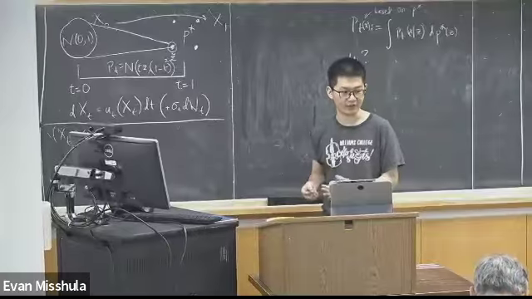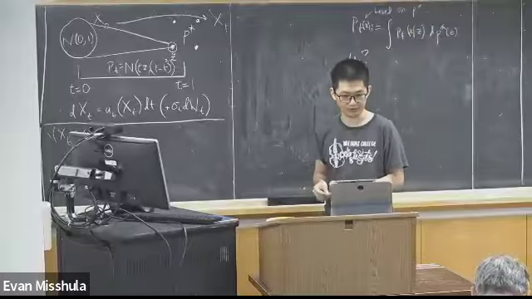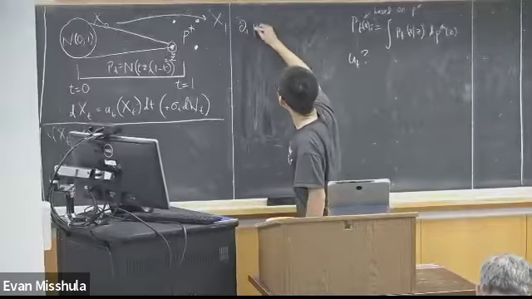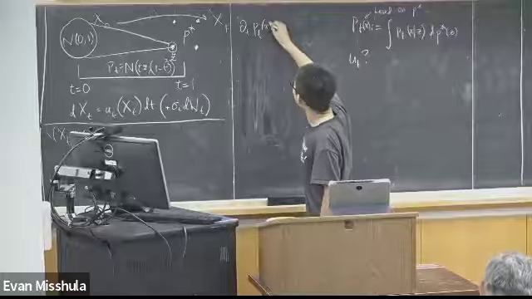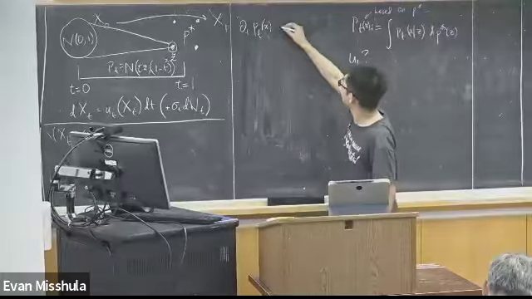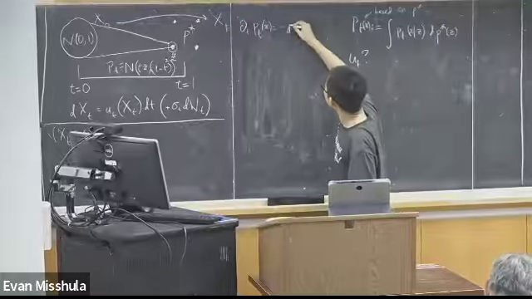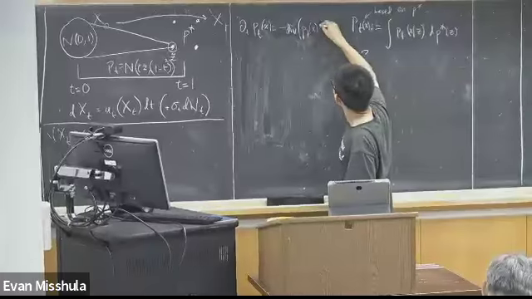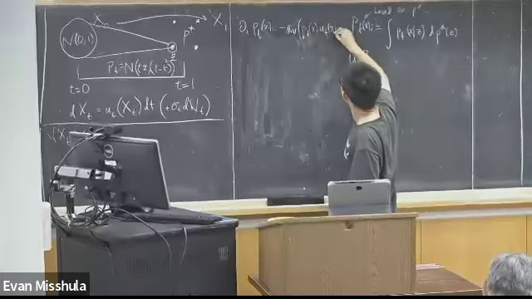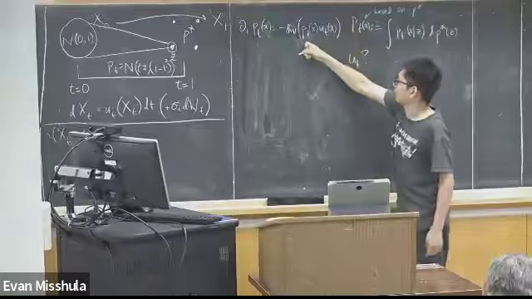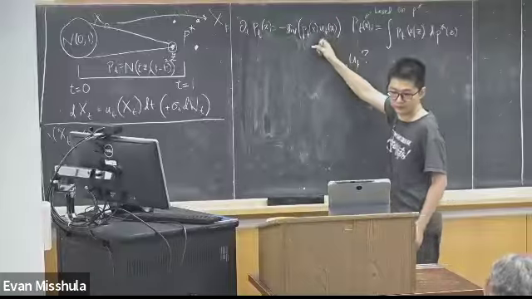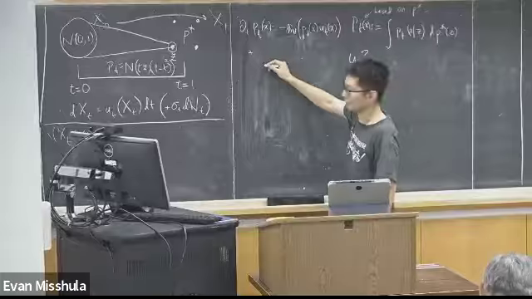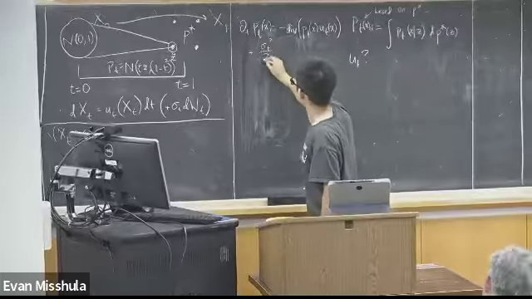In essence, it relates the drift with the probability path. It says that we should take the time derivative of the probability path. This is equal to minus the divergence of the product of the probability and the drift, plus the diffusion term, which is this one.